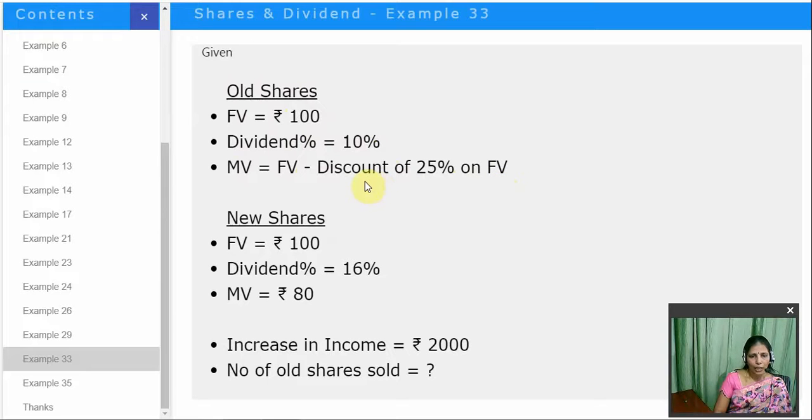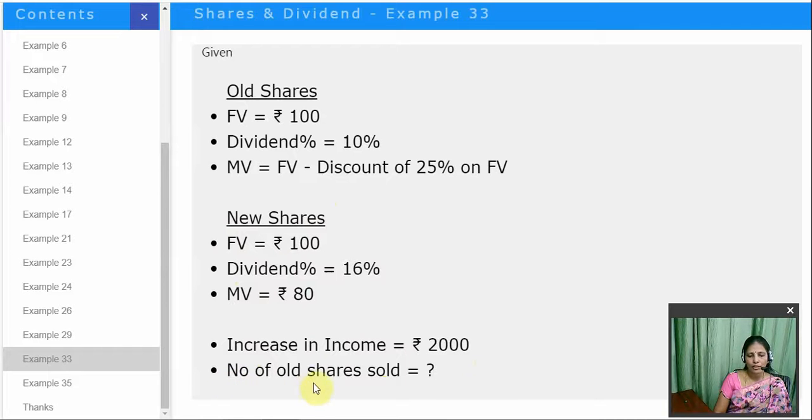Next he is investing his sale proceeds, and he is buying some new shares. The face value is rupees 100, dividend percentage is 16%, market value is 80 rupees. Doing this transaction, he has increased his income by 2000.